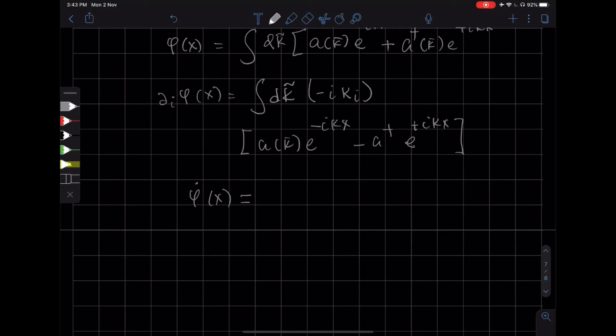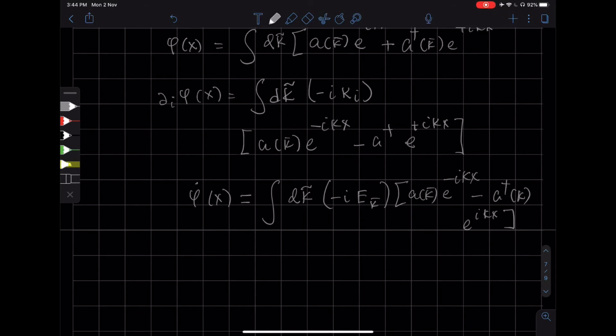The time derivative of phi is going to bring down a factor of the energy, minus I E of k, and then we will have a of k e to the power minus I kx minus a dagger of k e to the power plus I kx.